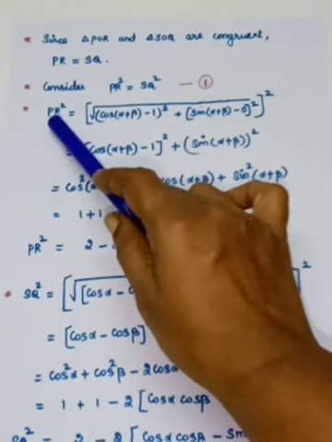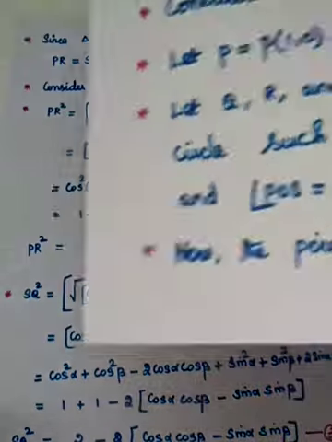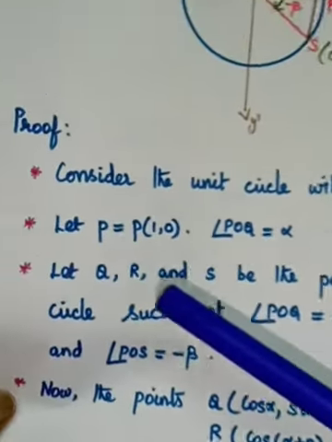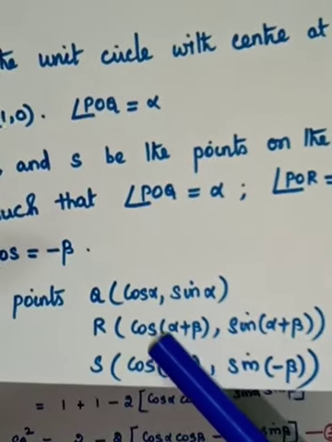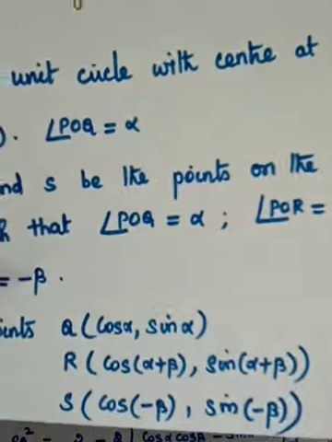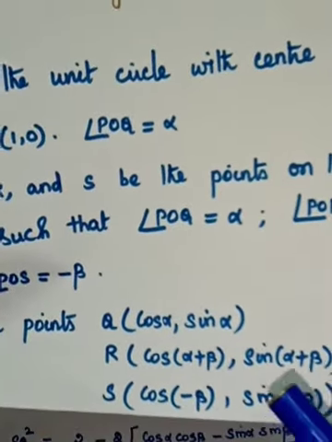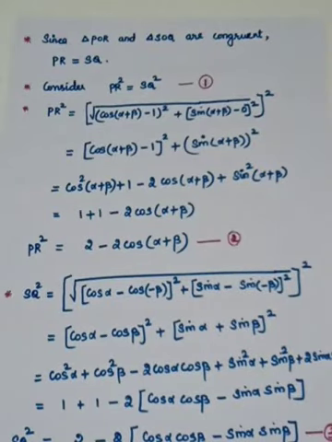Next I am going to find PR squared. P point is (1, 0), and next you need R. R is cos of alpha plus beta and sin of alpha plus beta. So how to find PR? It's the distance formula.